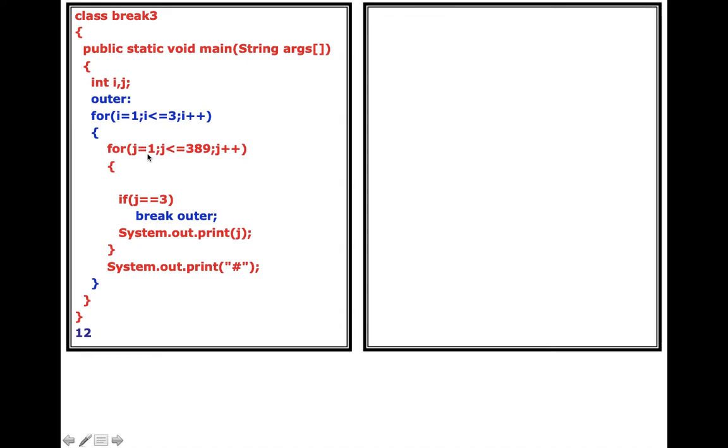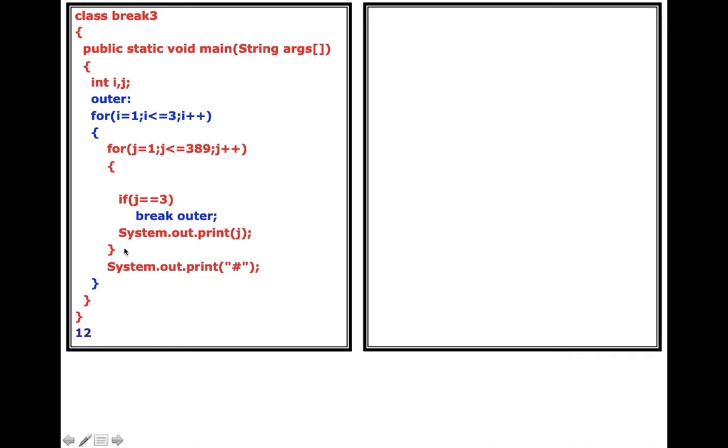Let me be a little fast because you know all this. When j is 1, this condition is false. Break outer will not execute. SOP j will display 1. Compiler goes to j++, j takes the value 2, false, break outer will not execute, SOP will display 2. So till here the output is 1, 2.